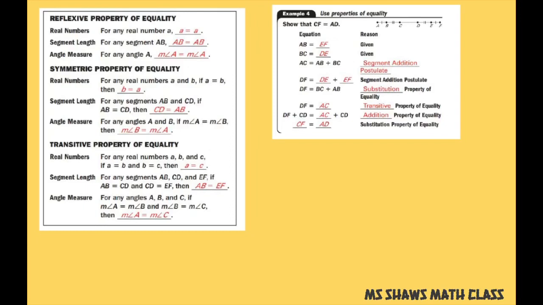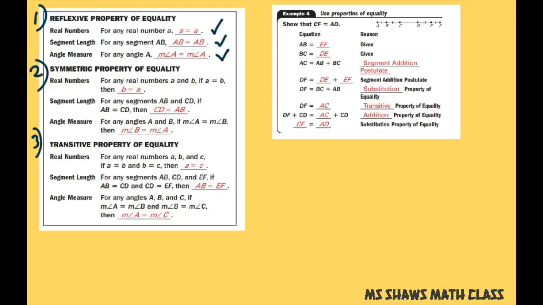And now our next properties are 3 more: reflexive, symmetric, and transitive. Under reflexive, you have real numbers, segment length, and angle measure. That just means like A equals A, or AB equals AB, or the measure of angle A equals the measure of angle A. Symmetric means you can switch them.